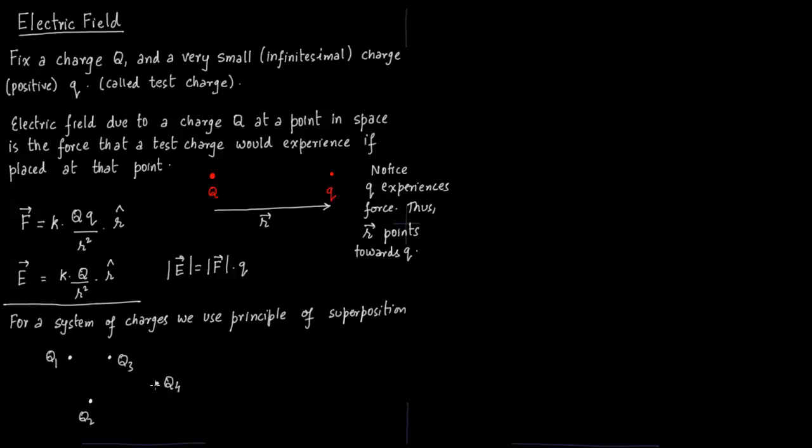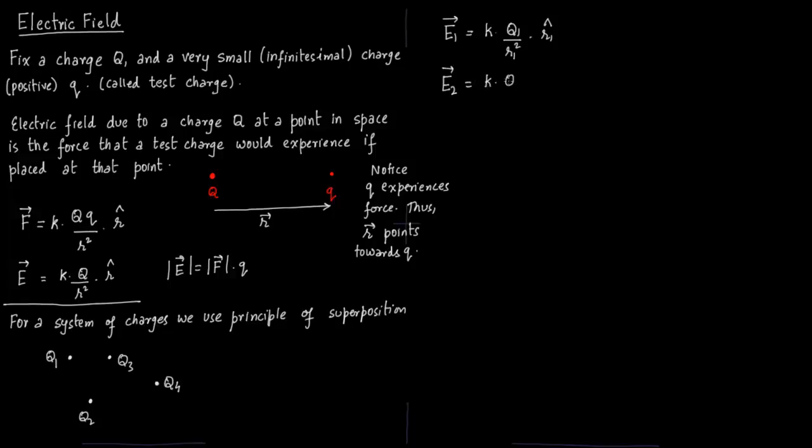So you have Q1, Q2, Q3, Q4, all these are charges. So the electric field would be again K times capital Q1 divided by R1 square times R1 hat. So that is the position of the test charge compared to charge Q1.